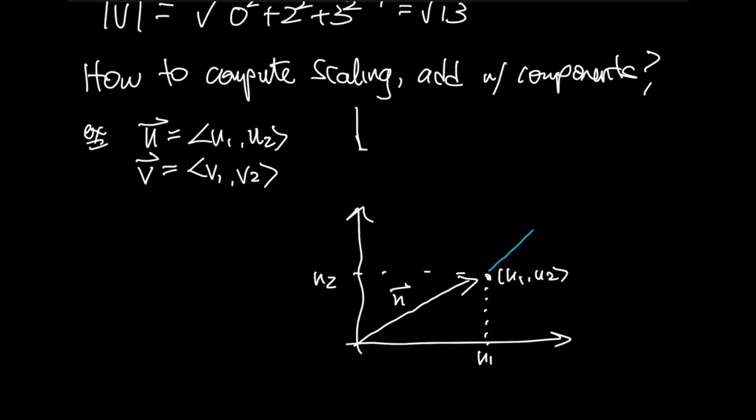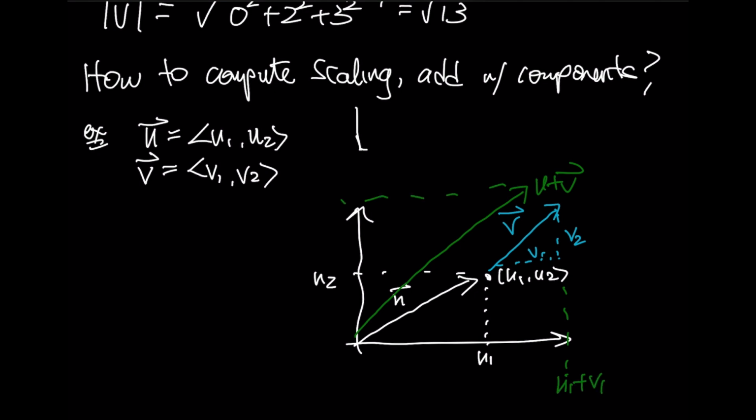So this would end up being the vector v, and by its component definition, this has to be v2, this has to be v1. So if I were to say, okay, the final result is this vector u plus v, it extends down to u1 plus v1, and then it extends up here to u2 plus v2.